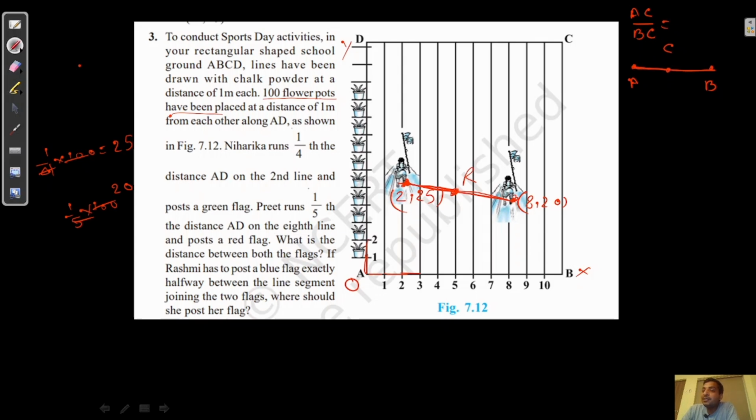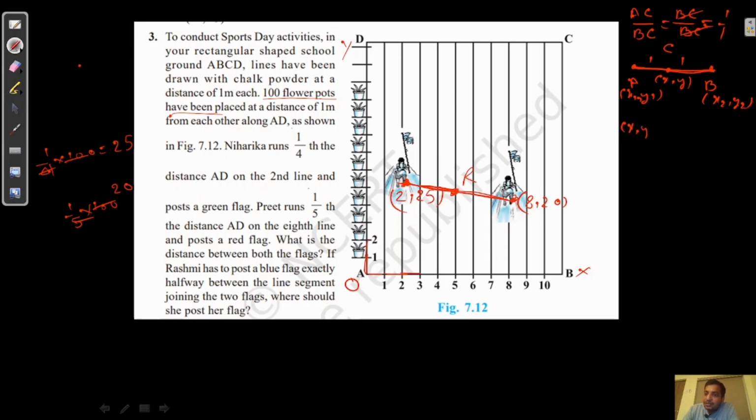So in place of AC, I am putting BC. So just look, it will be BC by BC. After cancelling, it will give 1 by 1. So the ratio we have is 1 by 1. Okay, so let's say the point A is (x1, y1), simple. Point B is (x2, y2), and this point C is (x, y).